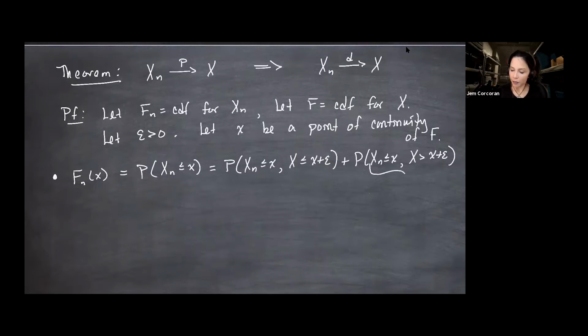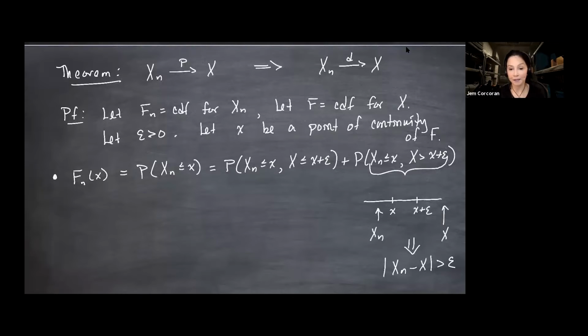So I'm going inside the probability. This event, if you look at a number line with an x and then an x plus epsilon, is saying that Xn is somewhere down here and X is somewhere up here. And this implies that the distance between Xn and X must be greater than epsilon. But that's not an if and only if.